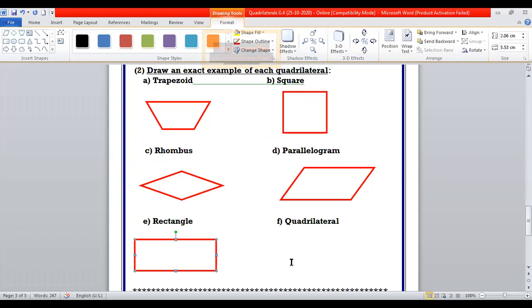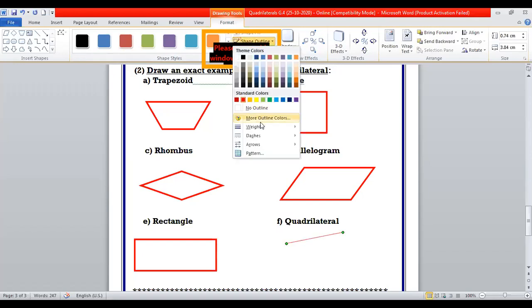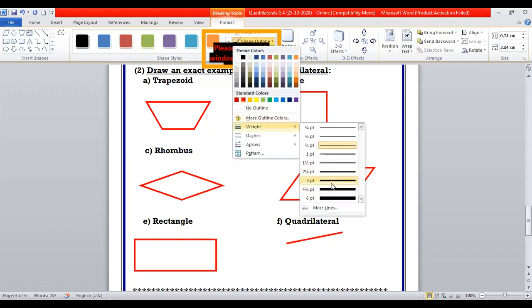Quadrilateral. You can draw any figure that has four lines. Any figure as you like. You can draw one like this, for example. Any figure you choose that has four sides.